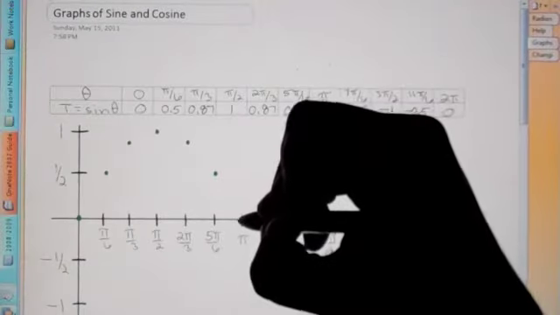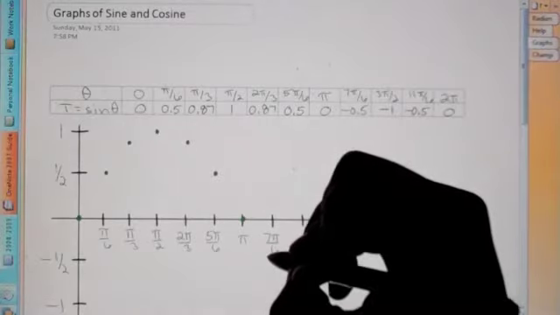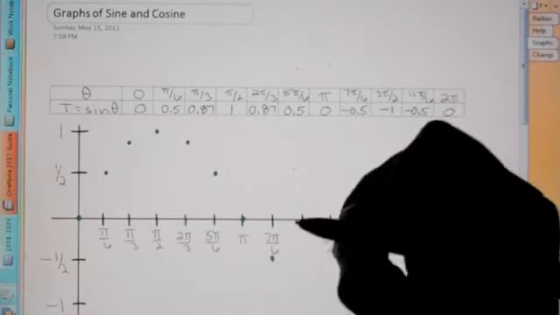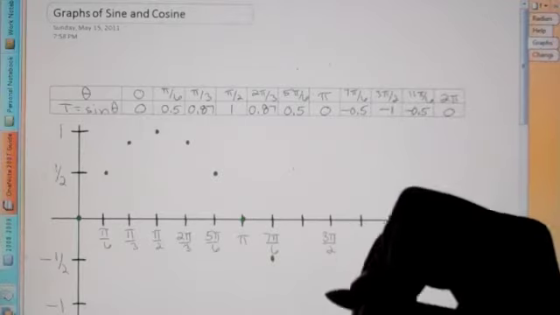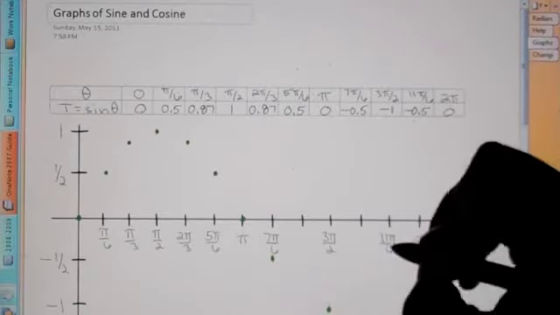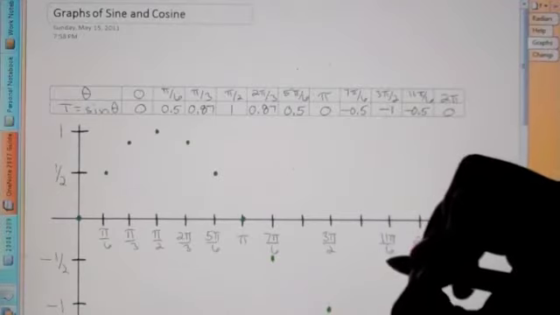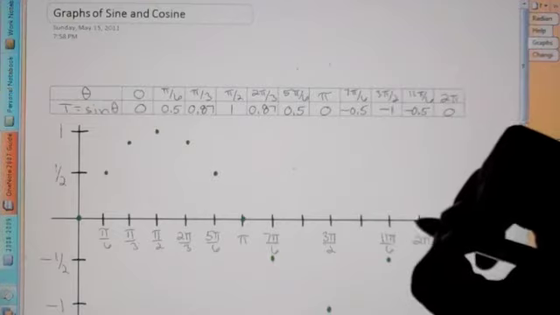Pi is going to be 0. 7 pi over 6 is going to be negative 1/2 or 0.5. 3 pi over 2 is going to be down at negative 1. This one's at negative 0.5. And 2 pi is going to be 0.